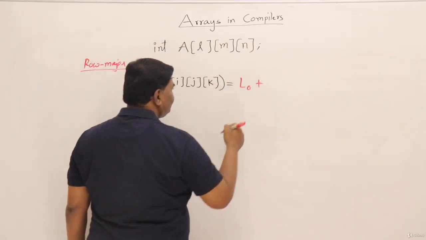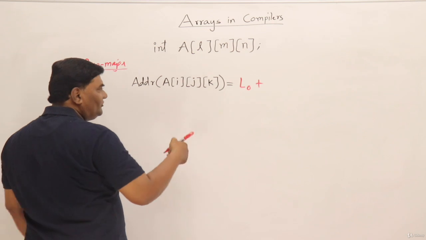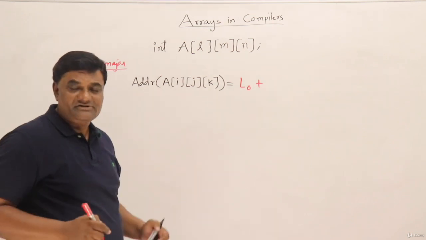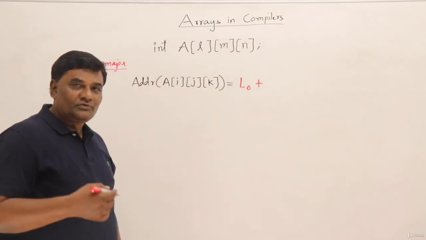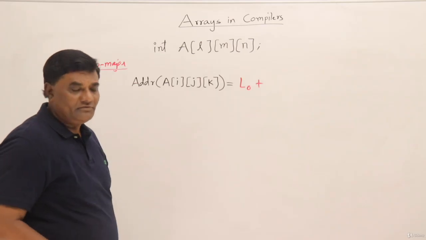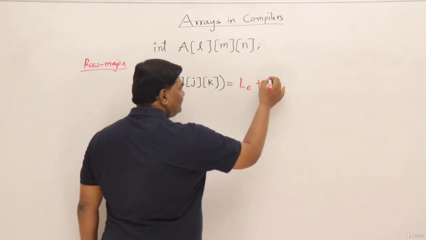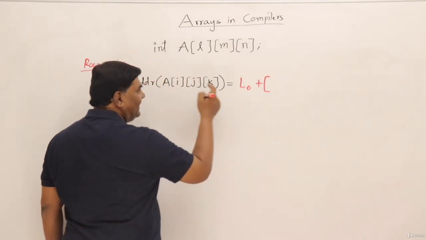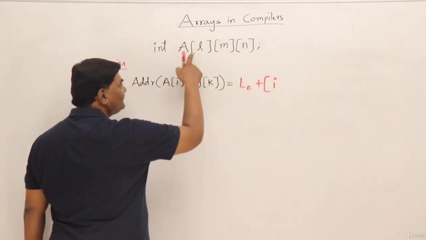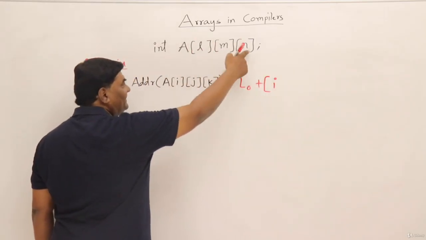L0 plus, that is the base address. I am not drawing a diagram showing you the 3-dimensional array. As you know the approach for preparing the formula, the same thing will follow. So let us take index I. This is for the first dimension. So multiply the remaining other dimensions.